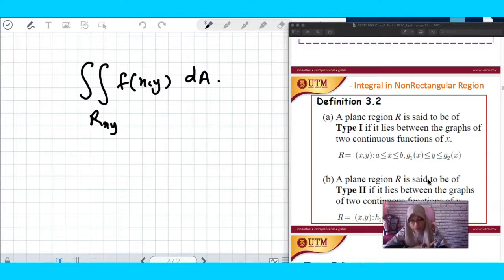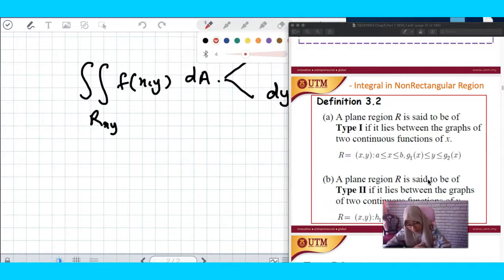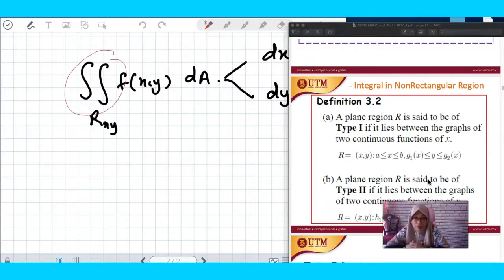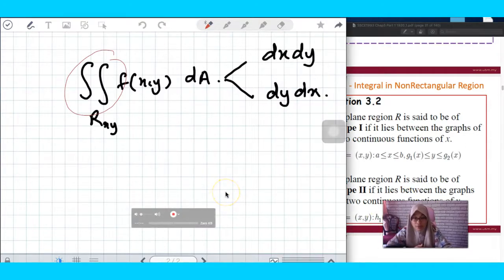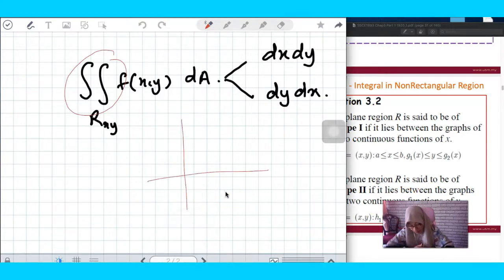I just put this to remind ourselves that the region is the closed and bounded curve that you can see on the XY plane. Now we want to talk about how we can determine the limits, whether you have to use dx dy or dy dx, and how you can determine the limits here. Because now your region is, maybe, a triangle, and that is your region.